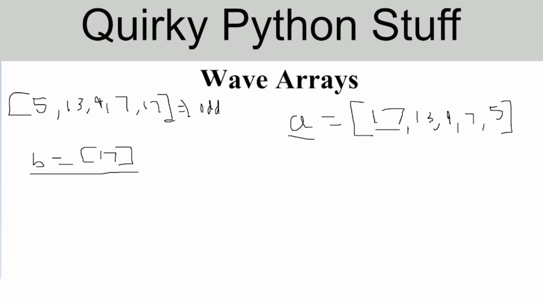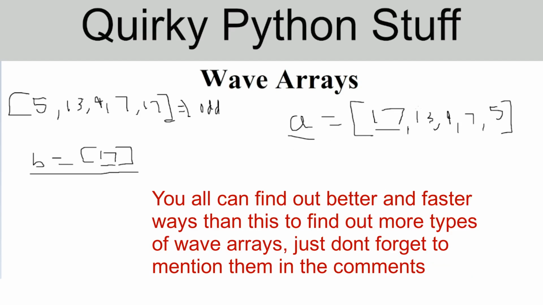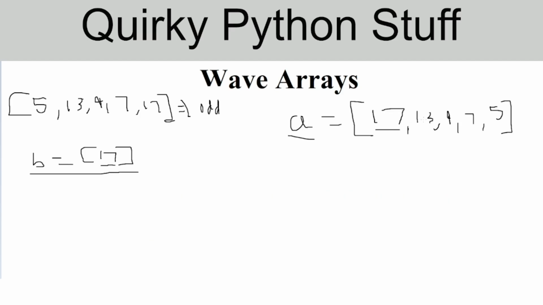Now the logic that I have come up with to make a wave array, as in descending wave, is first of all the greatest value, which is 17 here, goes first, and then the smaller values. Since we have a descending order array, like 17 is greater than 13 and 13 is greater than 9, we can just swap them.